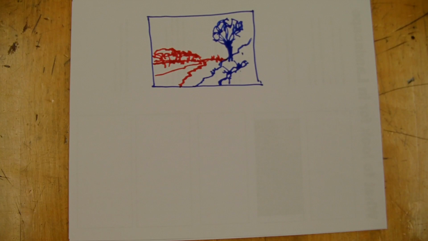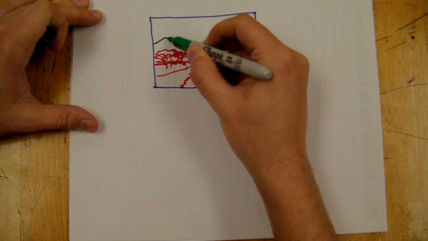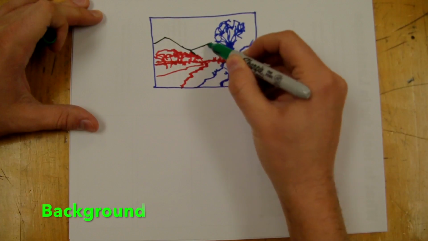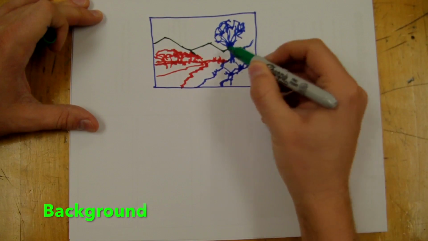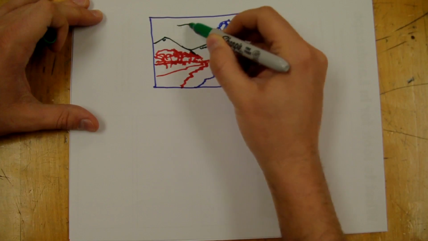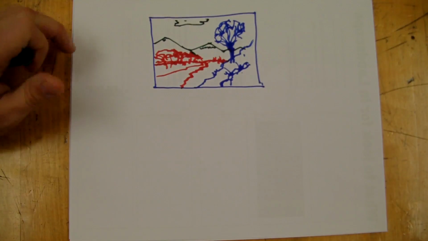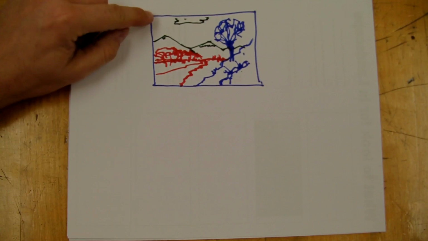Now the last thing I'm going to do is make my background. My background would be things that are very far away. So in this case, I'm going to use mountains. I'm going to put some mountains back here, just like that. And then maybe I can put some clouds up here. Clouds are far away. So all this back here is my background.